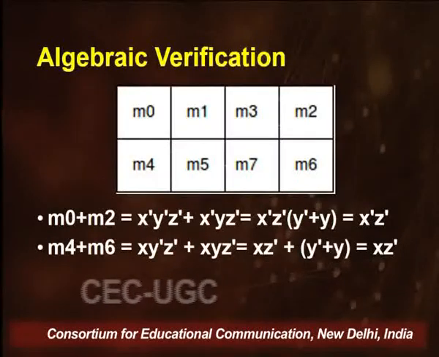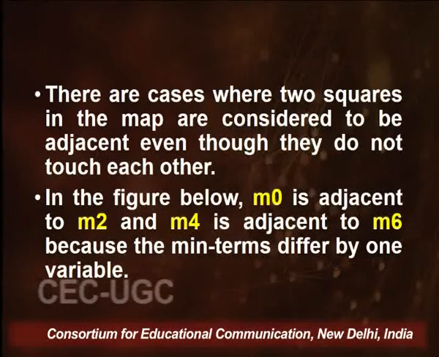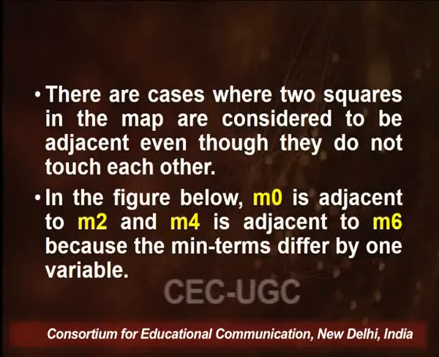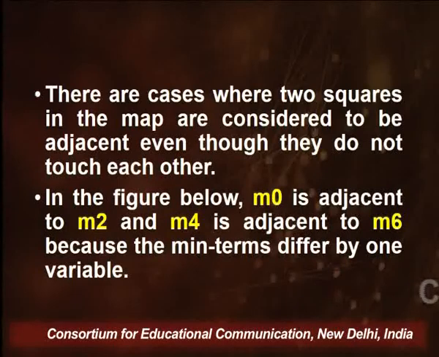We could have represented it in the form of m0 and m2 also. This is how the same would look. There are cases where two squares in the map are considered to be adjacent even though they do not touch each other. This is an extreme case. If you look at this example, m0 is adjacent to m2. Both being in the extreme corners, if I do a wraparound, I can bring m0 and m2 together.